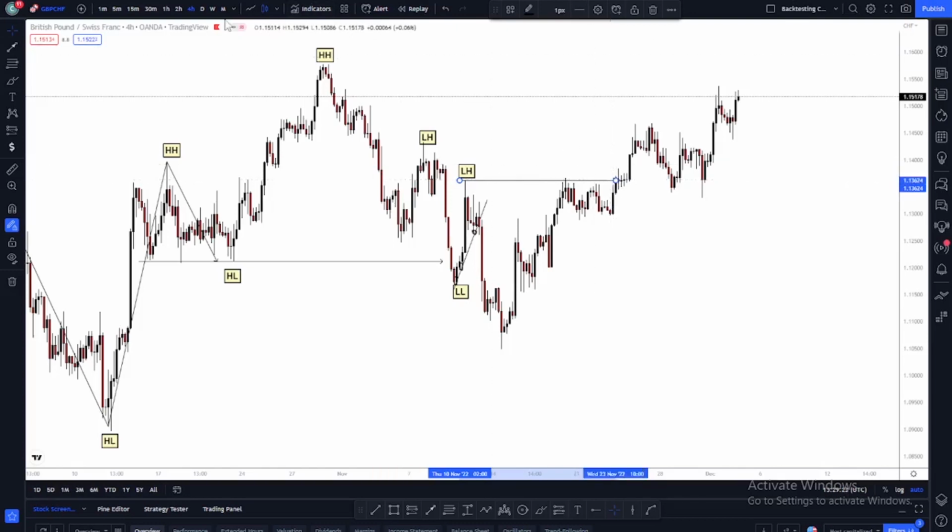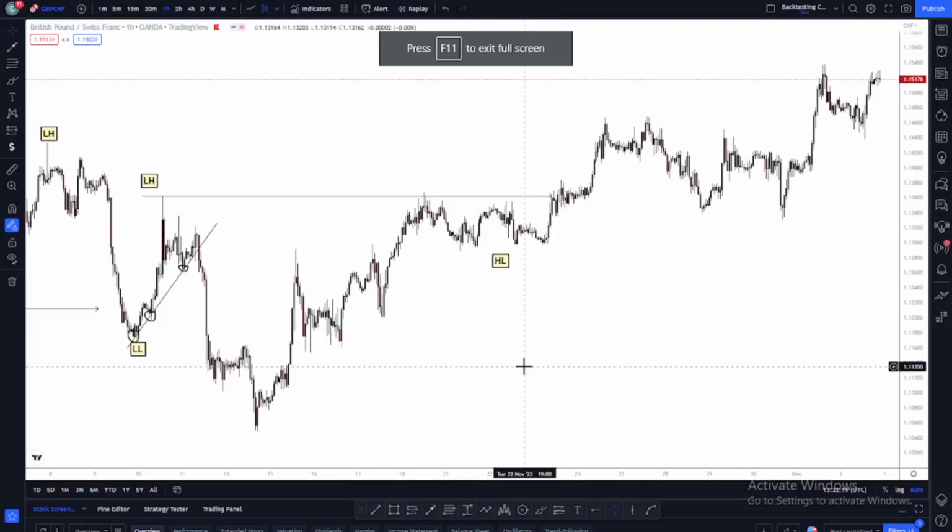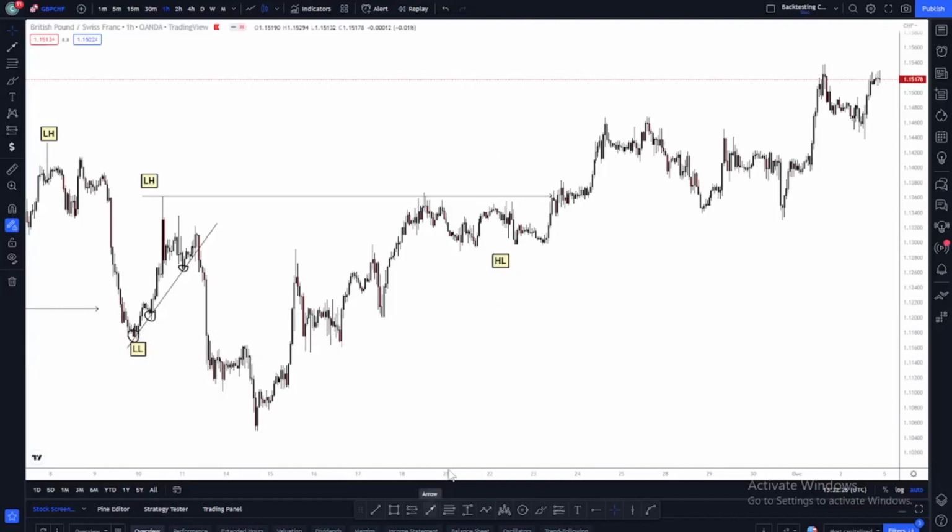I go back to my H1. So after I come to my H1 time frame, what do I realize? I realize this was the last higher low which broke above our previous lower high.